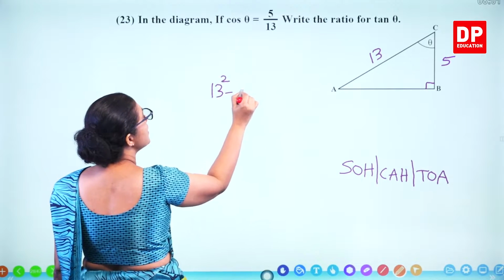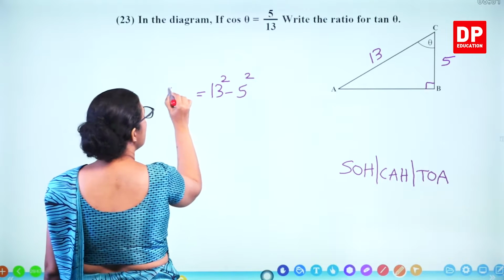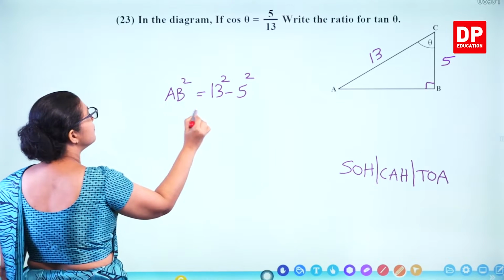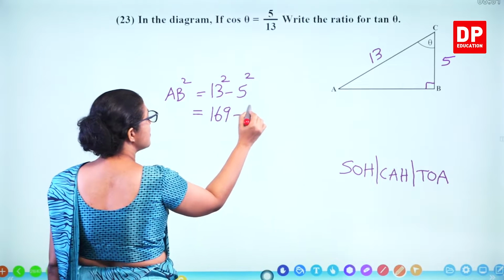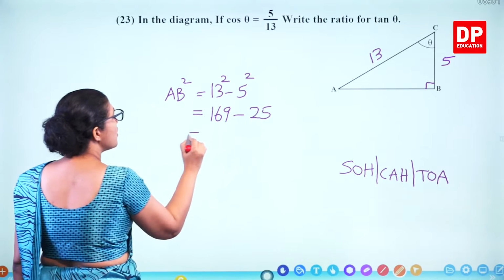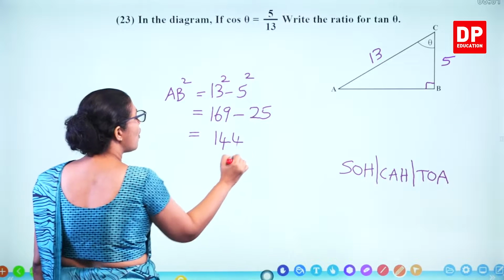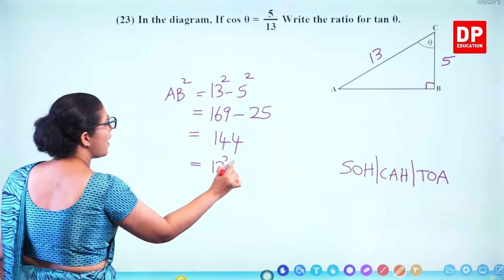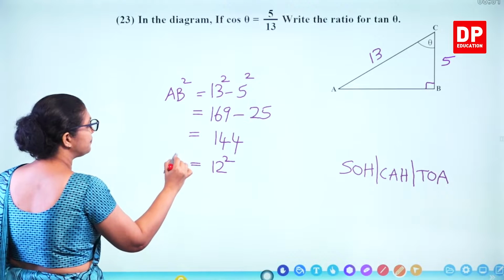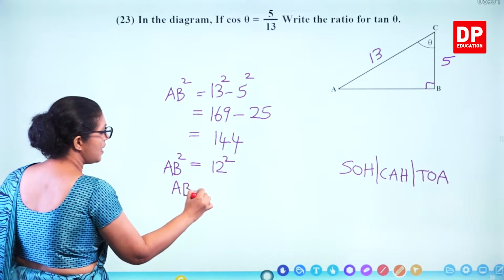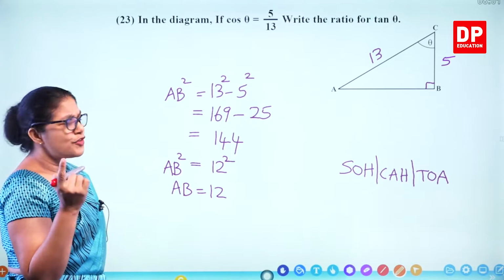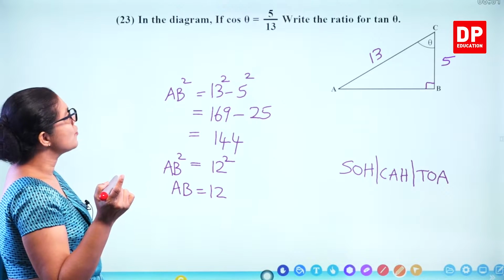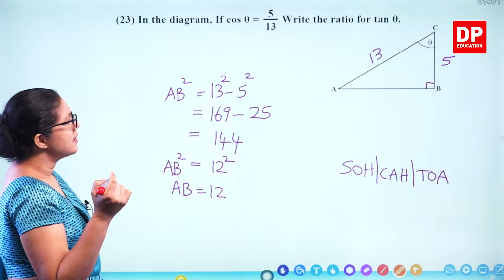13 squared minus 5 squared is AB squared. 169 is 13 squared and 25. So when you subtract, you get 144. That's 12 squared. So what's AB? AB is 12. So you can easily remember the Pythagorean triplets, 5, 12 and 13.